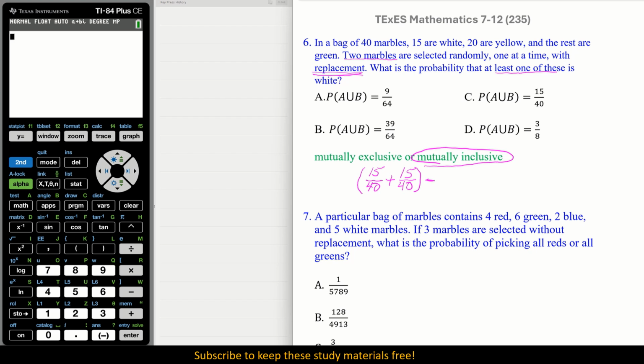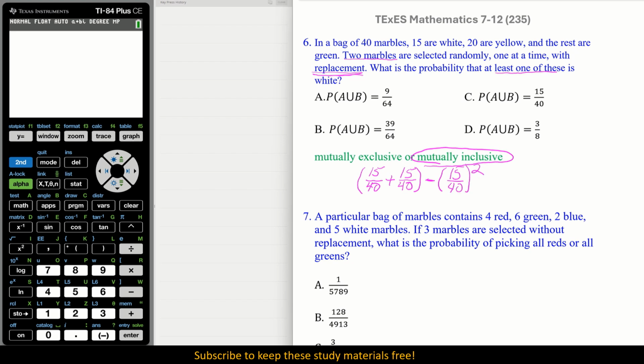Well, in this situation, we have a pretty easy way to identify what's overlapped. It's the same thing, the 15 out of 40. However, we're multiplying them together. So I'm just going to square it, right?